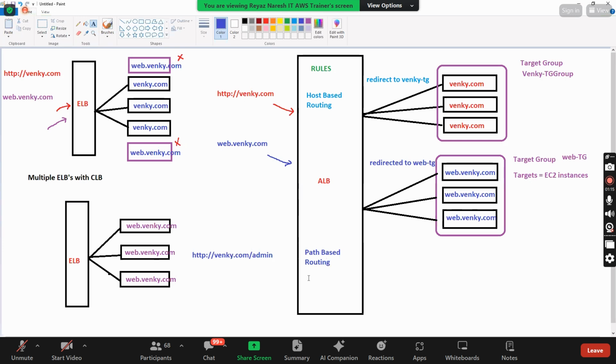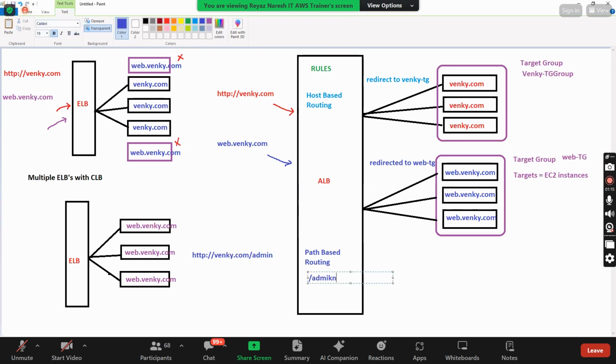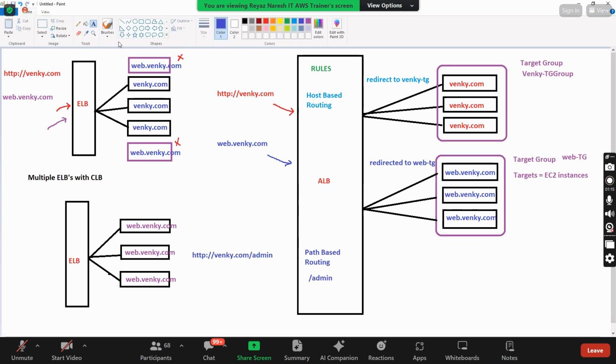So if someone is coming with /admin, you can create a rule and send it to another target group. What do we have in the target group? The admin website. So here we have /admin.